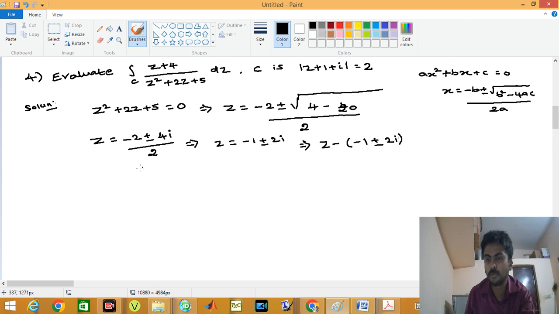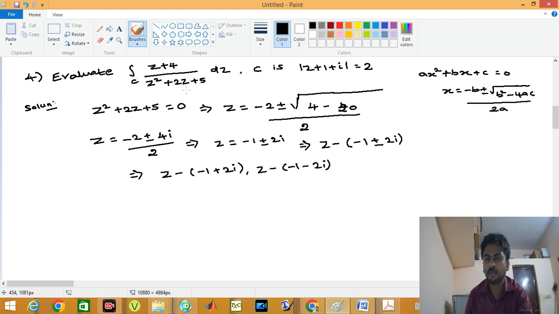This implies two factors: z minus (minus 1 plus 2i) and z minus (minus 1 minus 2i). These are the two factors of the denominator.